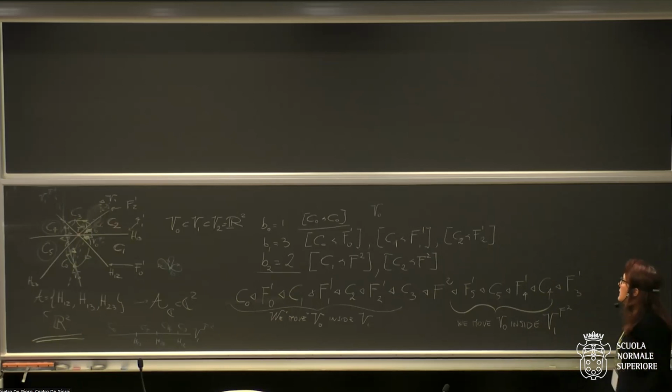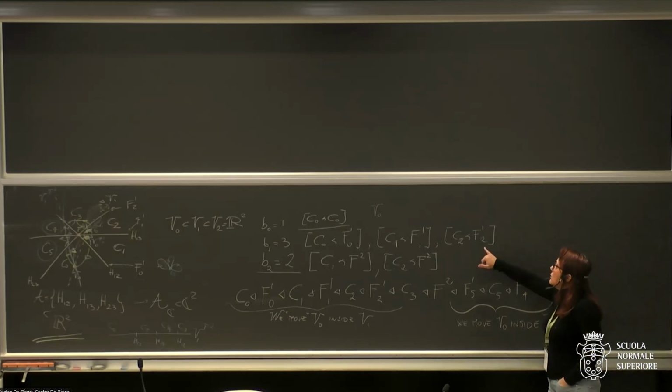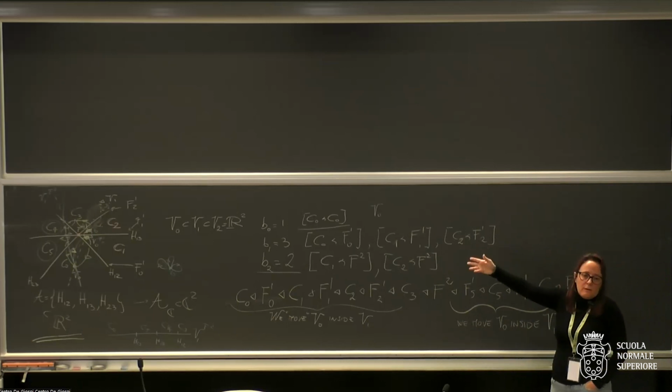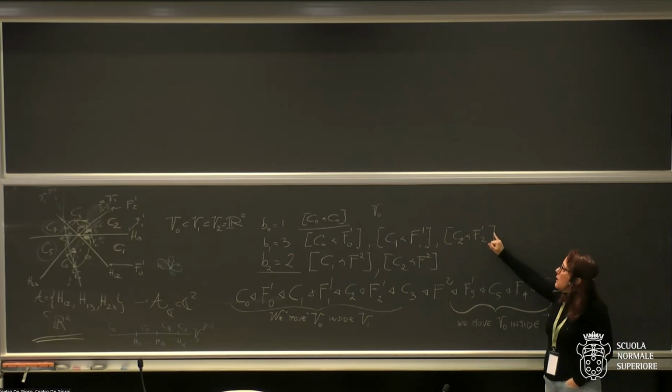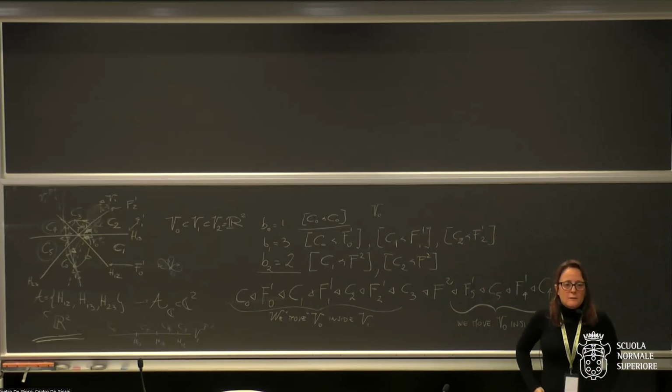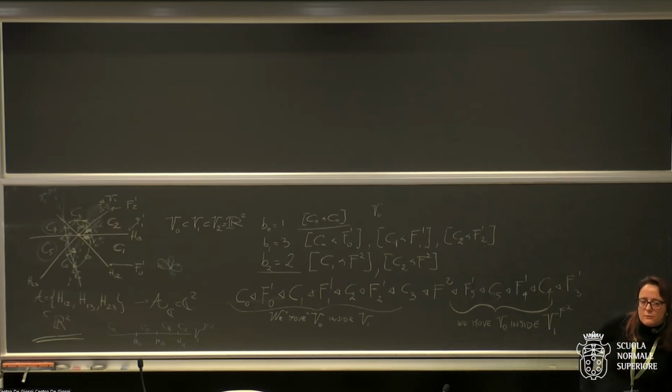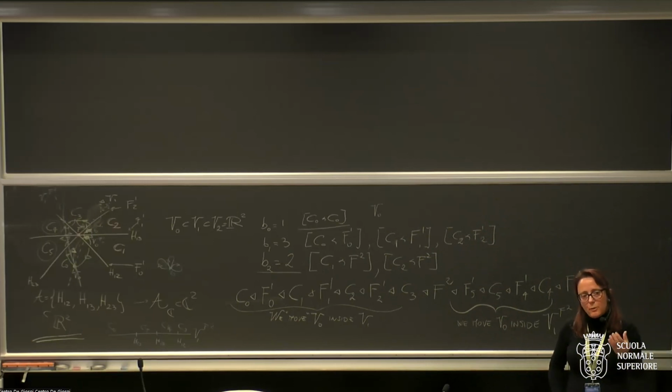For the fundamental group, especially in the case of an arrangement of hyperplanes, it's easy because you know that you have as many cells as hyperplanes, and then Euler tells you the dimension here. The problem is that sometimes you need to know which ones are the interesting ones depending on your problem.